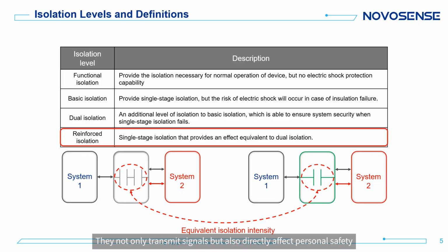They not only transmit signals but also directly affect personal safety and the isolation integrity between high and low-voltage systems. Therefore, isolation levels are not definitions that manufacturers can assign themselves. Capabilities such as basic isolation and reinforced isolation must be independently verified and certified by accredited third-party laboratories.